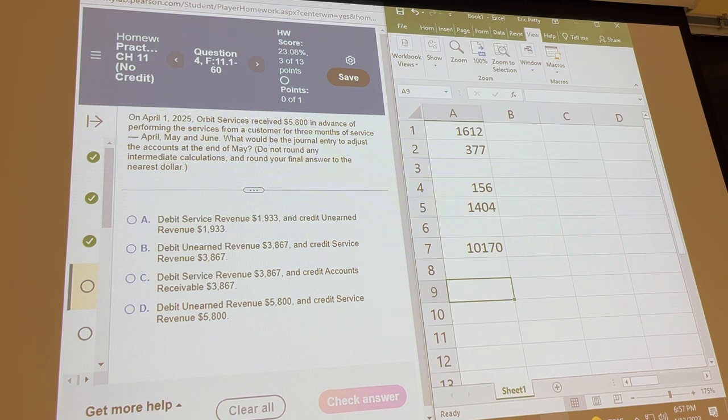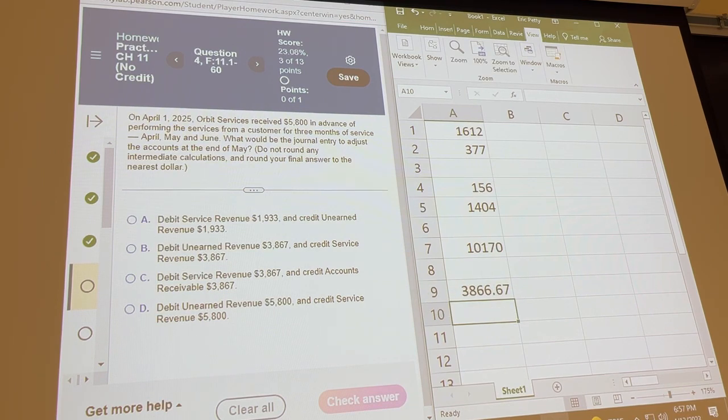At the end of May, 2 of the 3 months the service contract covers have gone by. So I would take the $5,800 that the service contract is for times 2/3, because 2 of the 3 months have gone by.